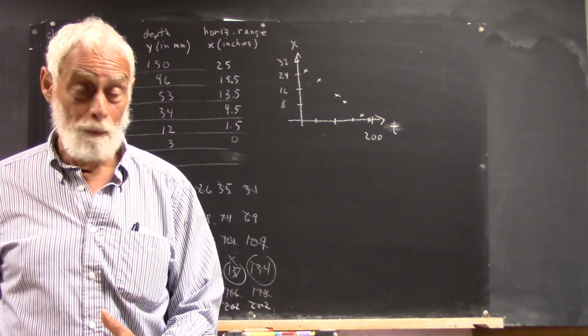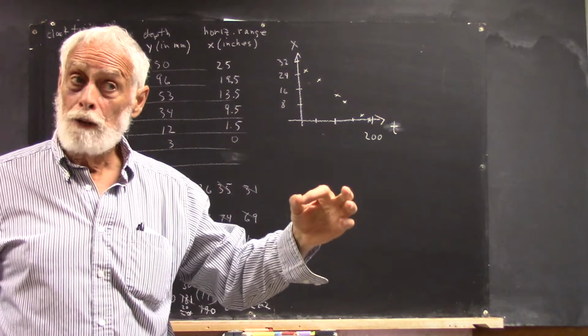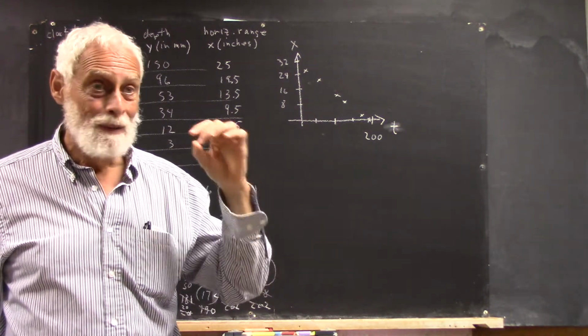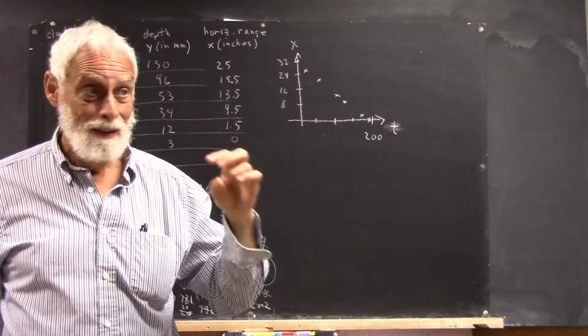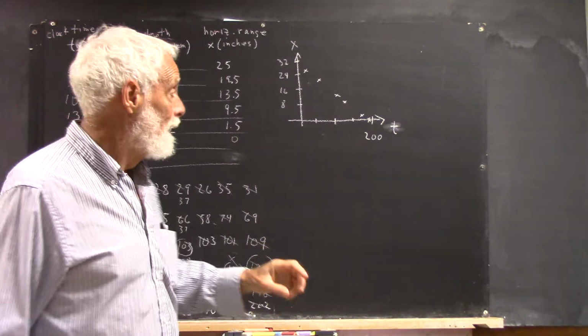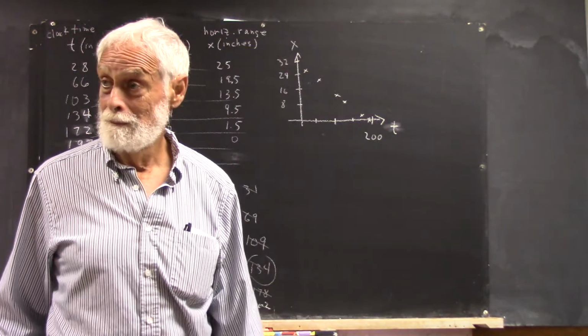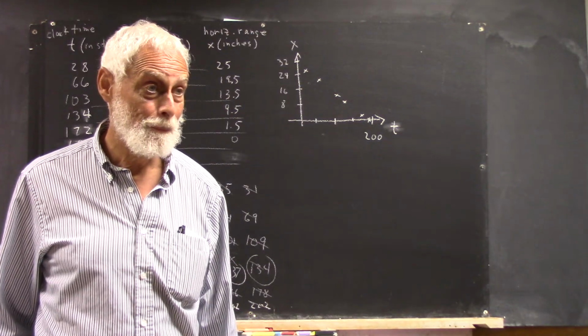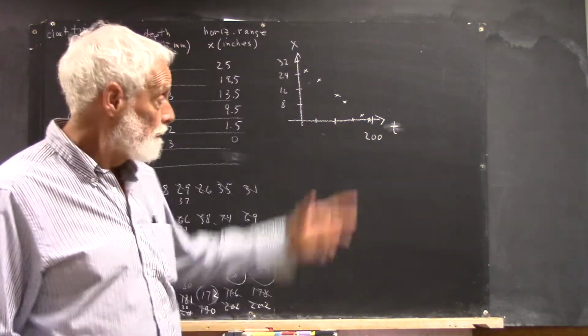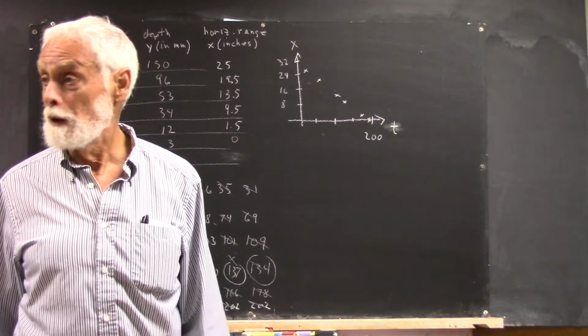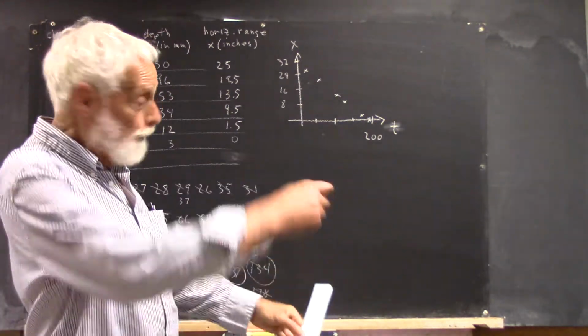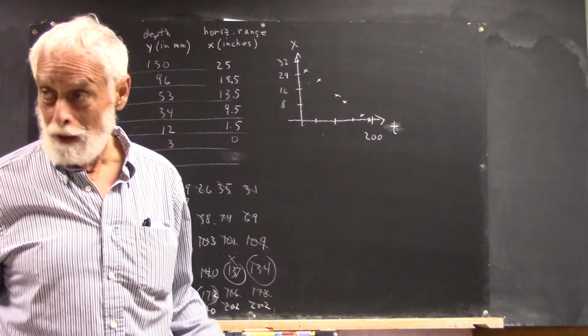okay? But starting with conservation of energy, our ideal model in physics tells us that this should be a straight line, okay? And it looks like it ought to be pretty close to a straight line. I mean, I just plotted these by hand, right? And I didn't fudge it or anything.